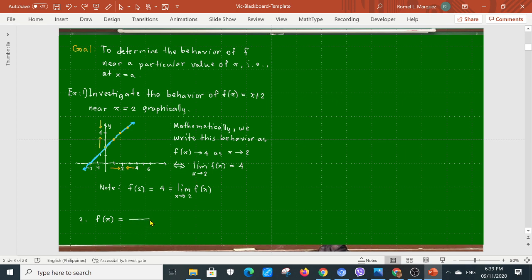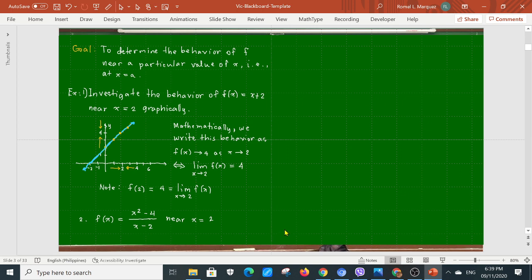Let us have a quotient: x squared minus 4, over x minus 2. And I want to know the behavior near x equals 2. So I want to get the behavior near x equals 2 graphically.